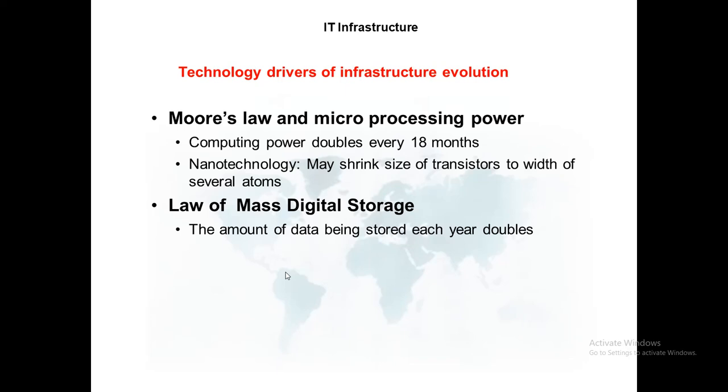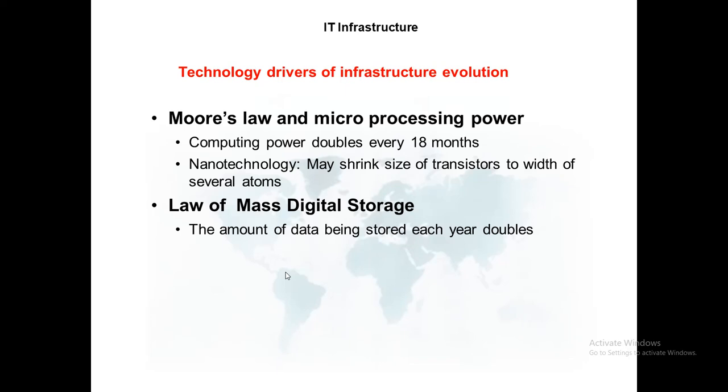So according to Moore's law, computing power doubles every 18 months. 18 months, that is 1.5 years. So every 1.5 years the computing power doubles.